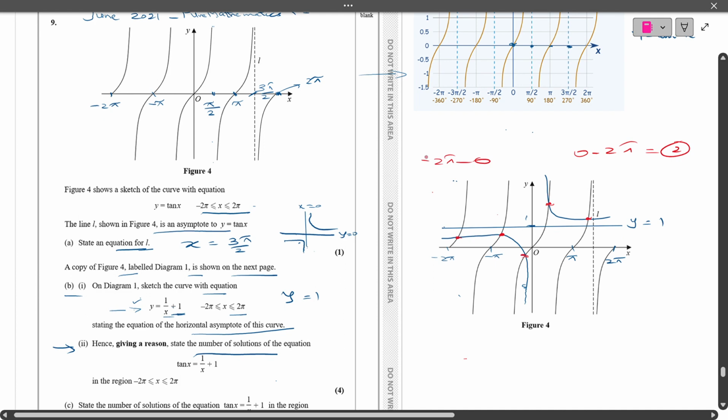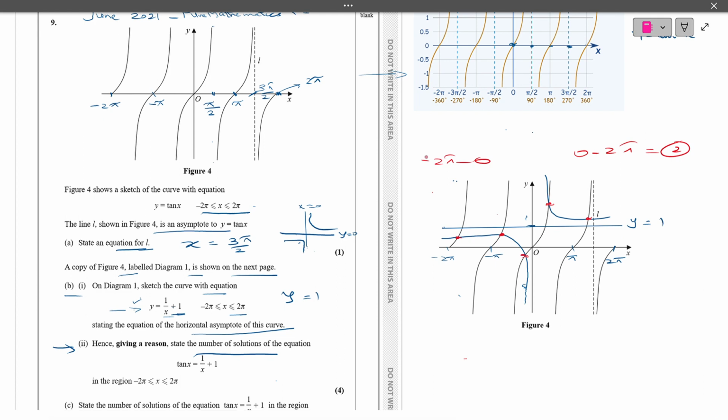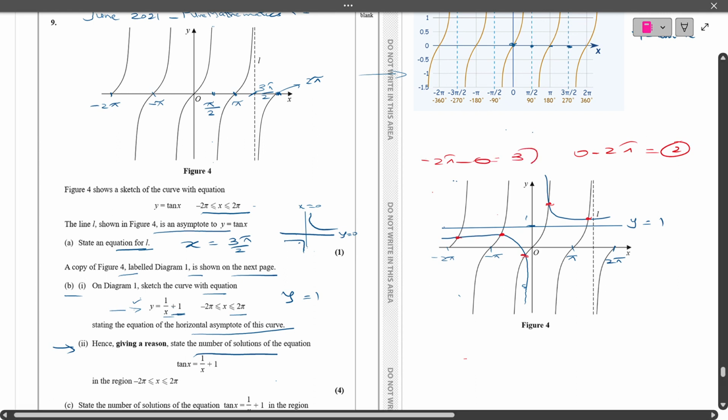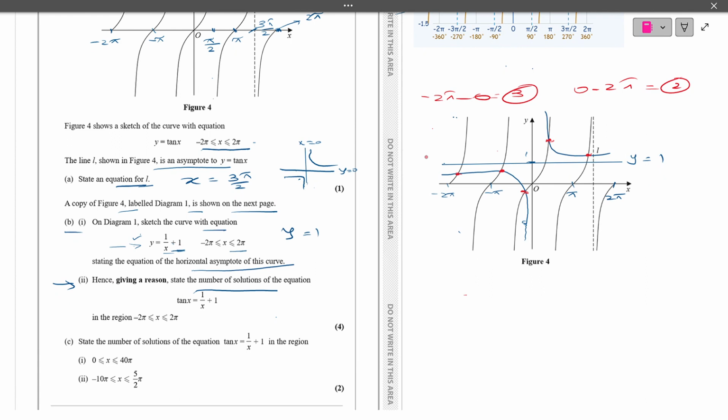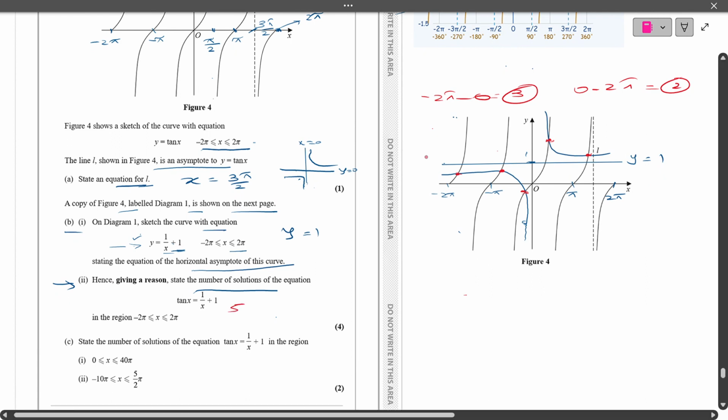So altogether I have three solutions here. So 3 plus 2 is 5. So I have 5 solutions of the equation tan x equals 1 over x plus 1 in the region negative 2 pi to 2 pi.